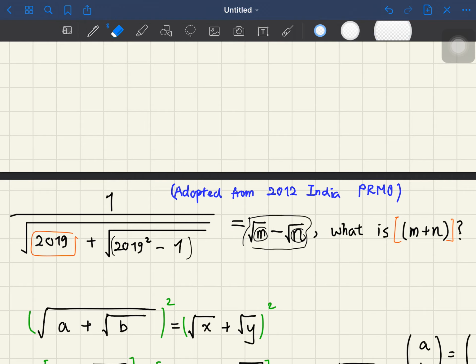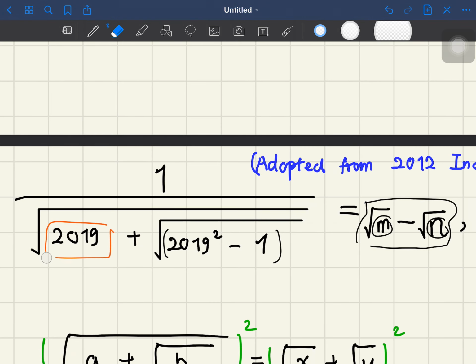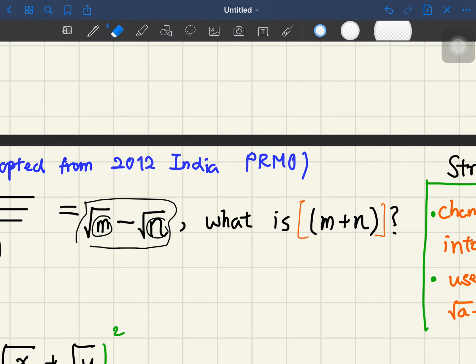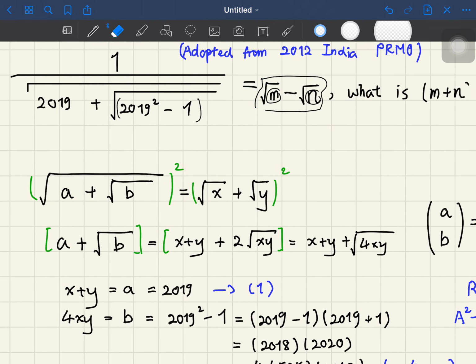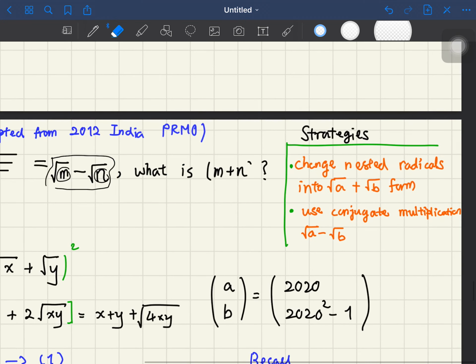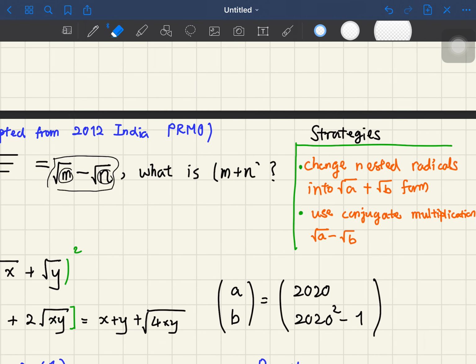I will explain it later. So I'm gonna try my best to have some strategy list. Well, these are the two strategies that I just mentioned.